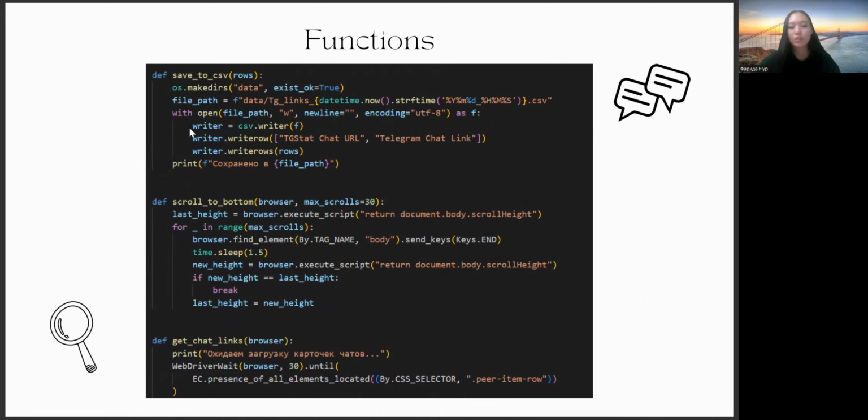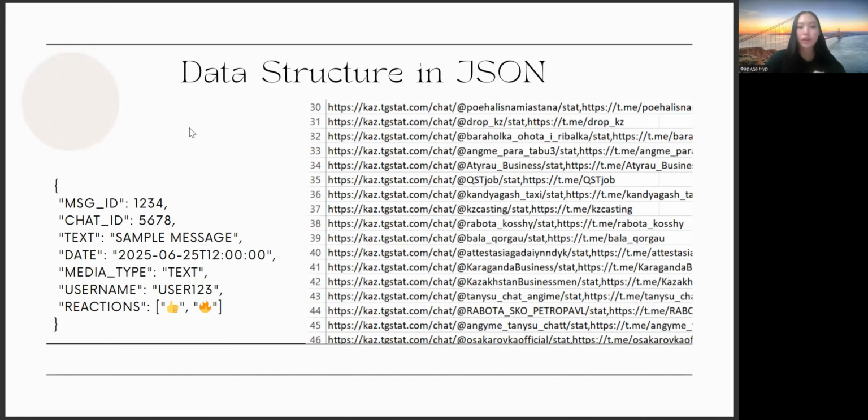And get chat links waits until all chat cards are fully loaded before parsing them. Together, these scripts allow the bot to reliably extract links from TG-State, just like a human user would.